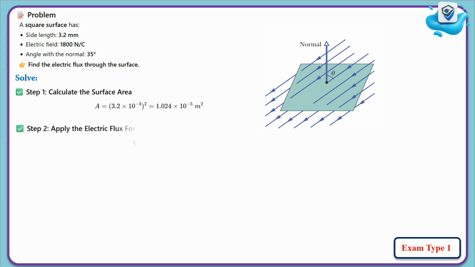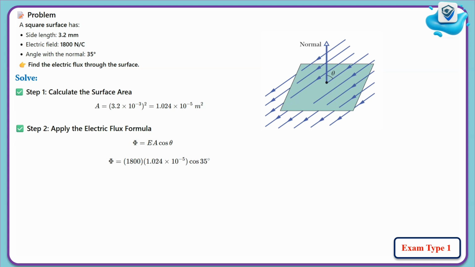Step 2. Now apply the electric flux equation. Electric flux equals the electric field multiplied by the area and multiplied by the cosine of theta. Substitute the given values into the equation.